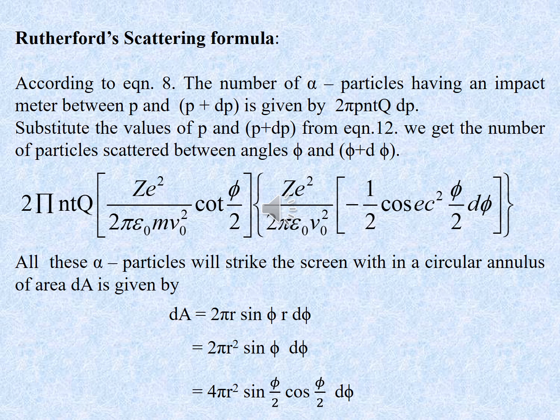All these alpha particles will strike the screen within a circular annulus of area dA, given by dA is equal to 2πr sin φ r dφ, that is equal to 2πr² sin φ dφ, that is equal to 4πr² sin φ/2 cos φ/2 dφ.